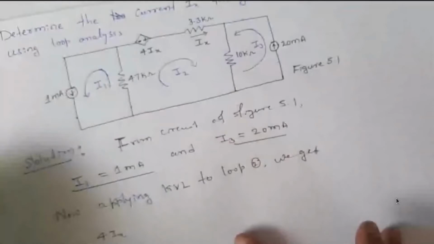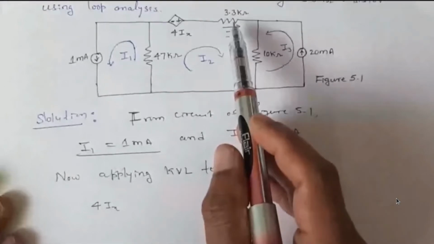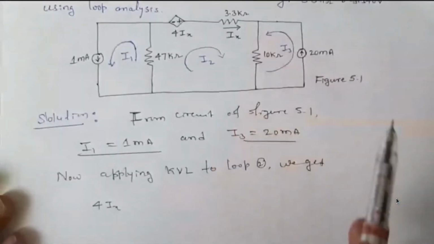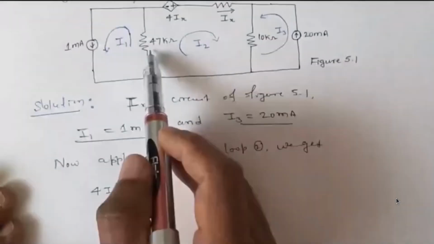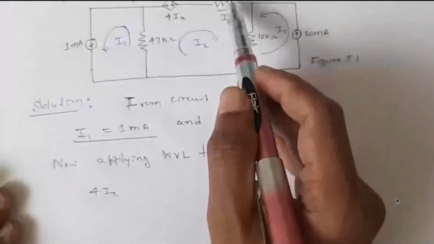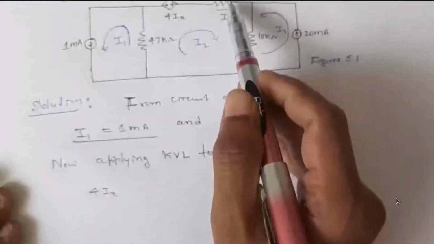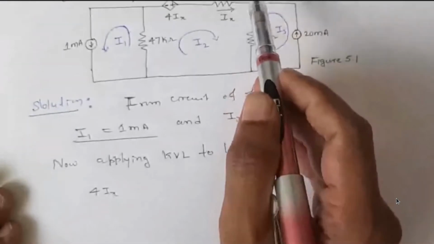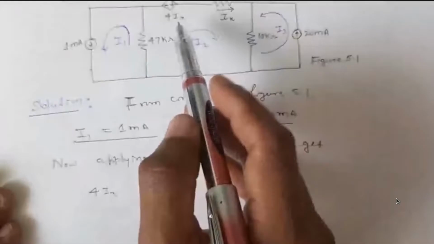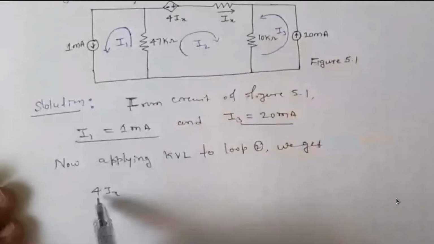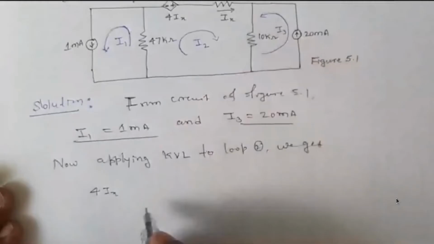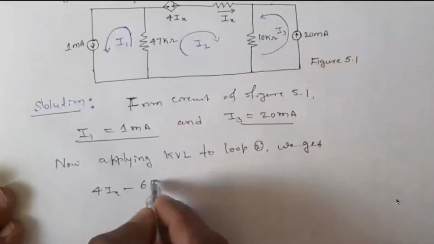Okay, and now this is 3.3. Look, dear students, I'll directly write here 10 plus 47 is 57, and plus 3.3 is 60.3. Because minus to plus I have considered positive, this is plus to minus, so I should consider negative.